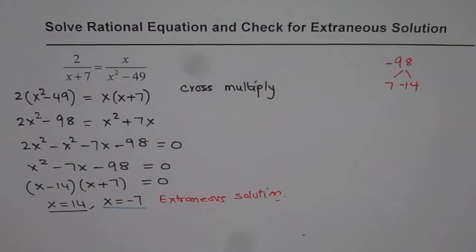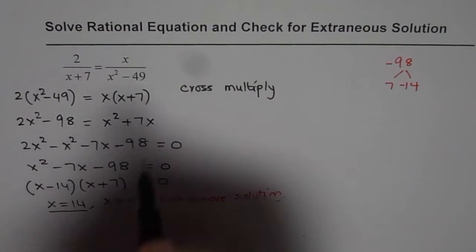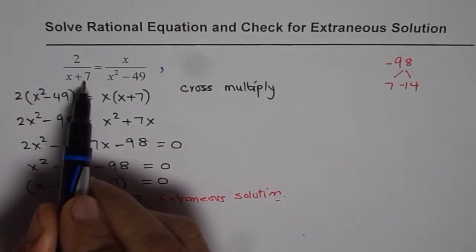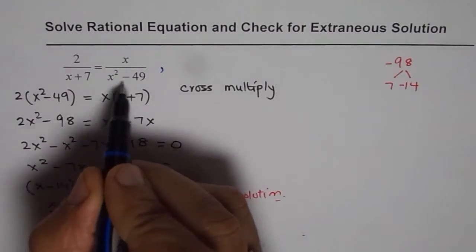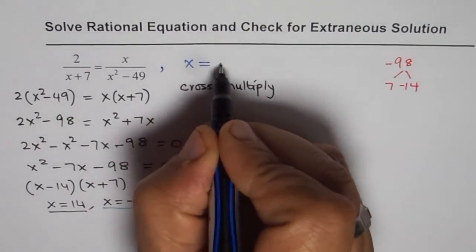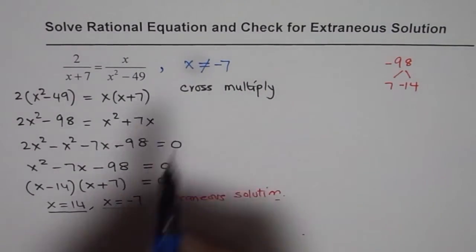Now let's try to understand the reason for this extraneous solution. Let me add a few more things before we get into the reason. First and foremost, whenever you're dealing with rational equations, it's a good idea to write restrictions. The denominator cannot be 0. That gives us two restrictions here. One is that this factor will be 0 for x equals minus 7, so x cannot be minus 7.